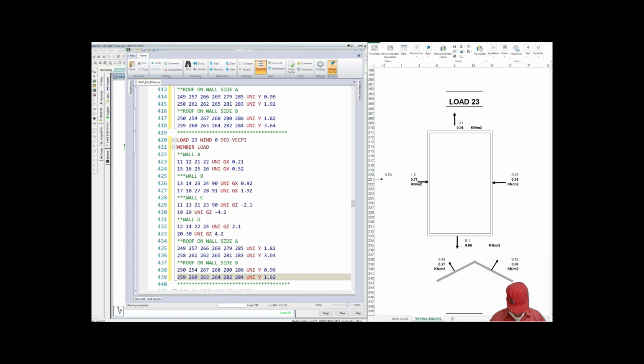So 0.77 into tributary width of corner column, 2 meter, is 1.54. Then tributary width of intermediate column is 4 meter, so 4 into 0.77 is equal to 3.08.